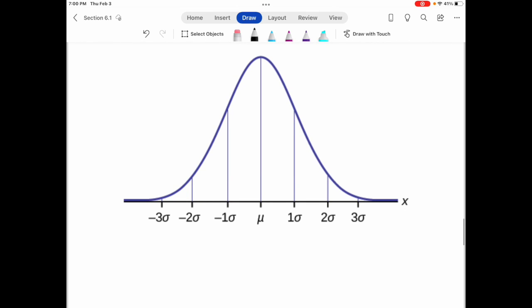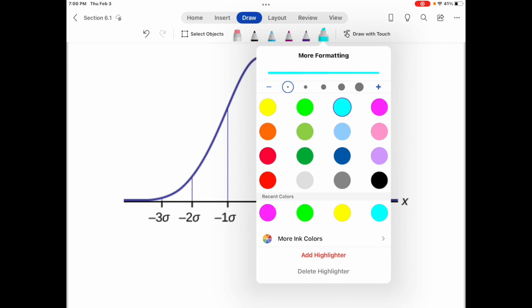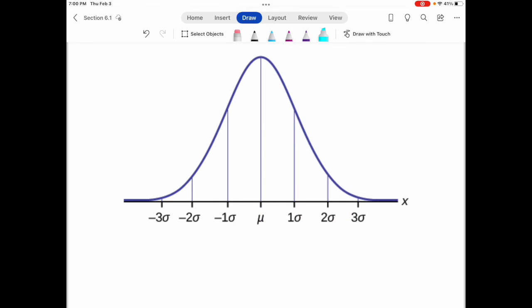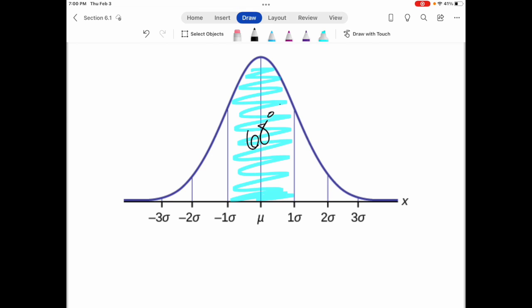Okay, so now looking at this, we're going to break this down a little bit more. So in here, let me actually use the highlighter. So in the area where we have between -1 and 1 for z, that is going to be 68% of the data.